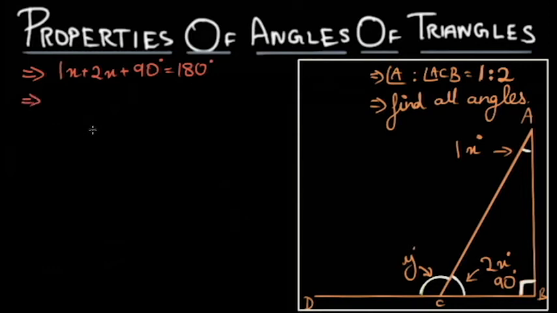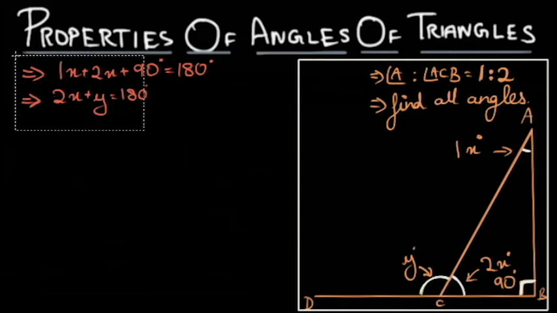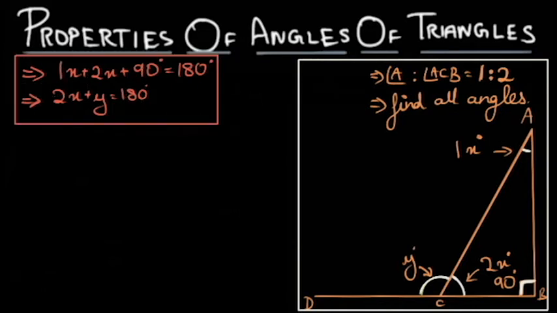And we also know that 2x plus y is 180 degrees. We can use these two properties to solve this problem.